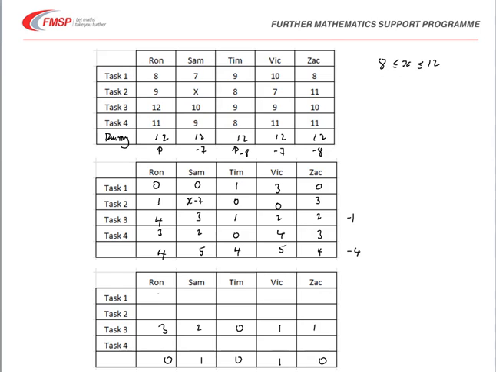The other rows have got 0, so they're going to stay the same. So that finally we have the table as we have here now. So that was the row reduction.